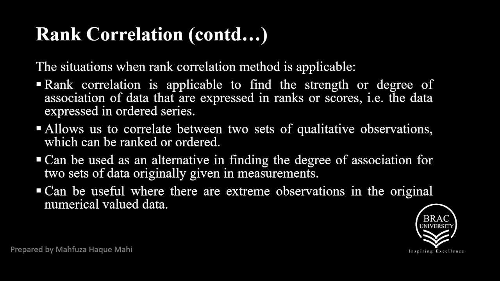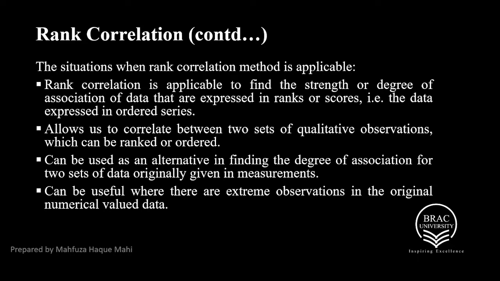Before discussing Spearman rank order correlation coefficient, we may summarize some of the situations when rank correlation method is applicable. Rank correlation is applicable to find the strength or degree of association of data that are expressed in ranks or scores. That is, the data is expressed in ordered series.